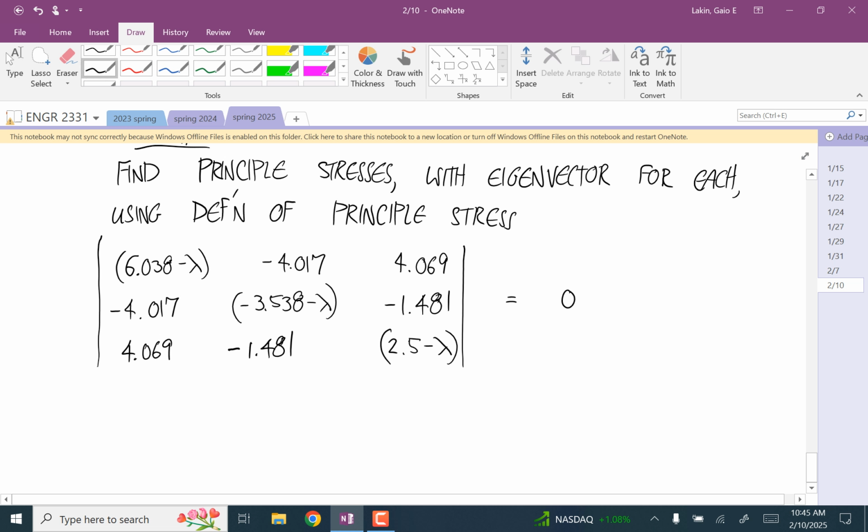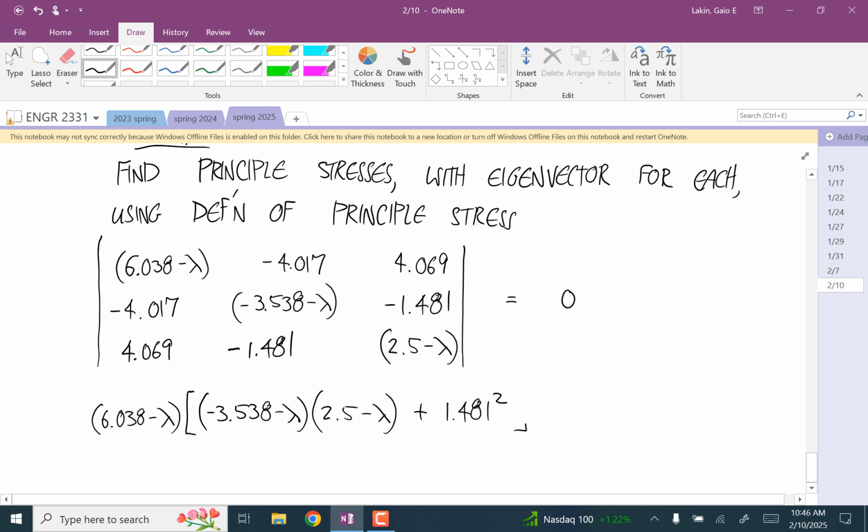So we have 6.038 minus lambda times the quantity negative 3.538 minus lambda times the quantity 2.5 minus lambda, and then plus 1.481 squared.